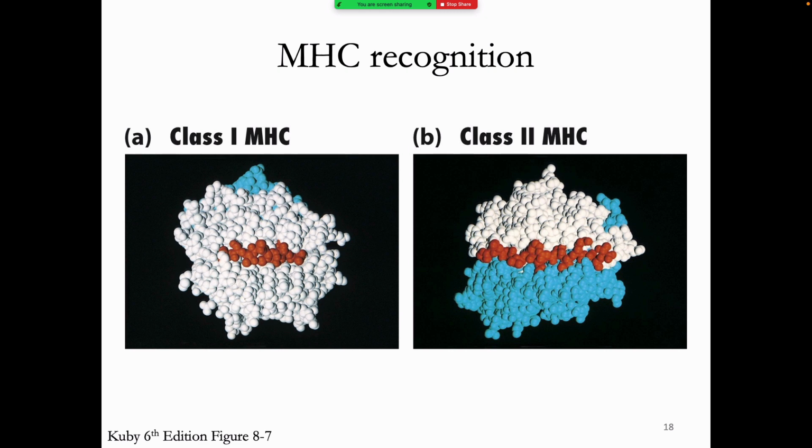Because if you think about what the T cell is seeing, here you can see what the T cell is seeing with MHC plus peptide. You're looking at the amino acids, color-coded here based on whether they're from the peptide or from the MHC. If we took that color coding away, would you be able to tell which amino acids were from the peptide and which were from the MHC?